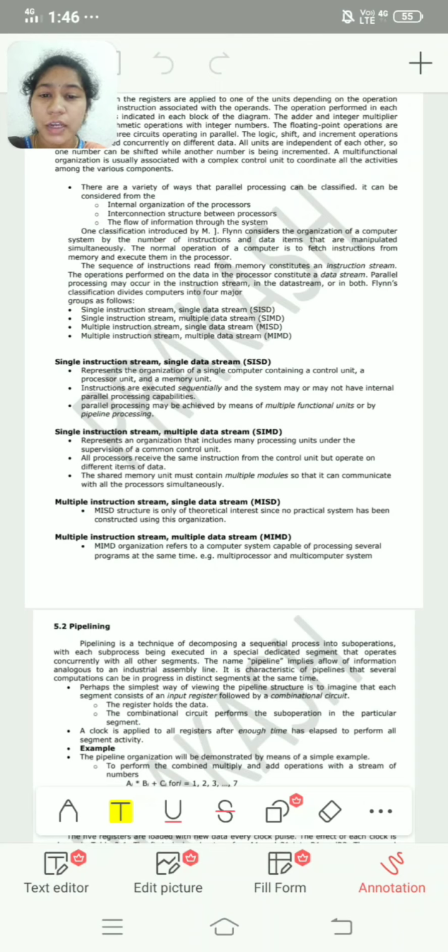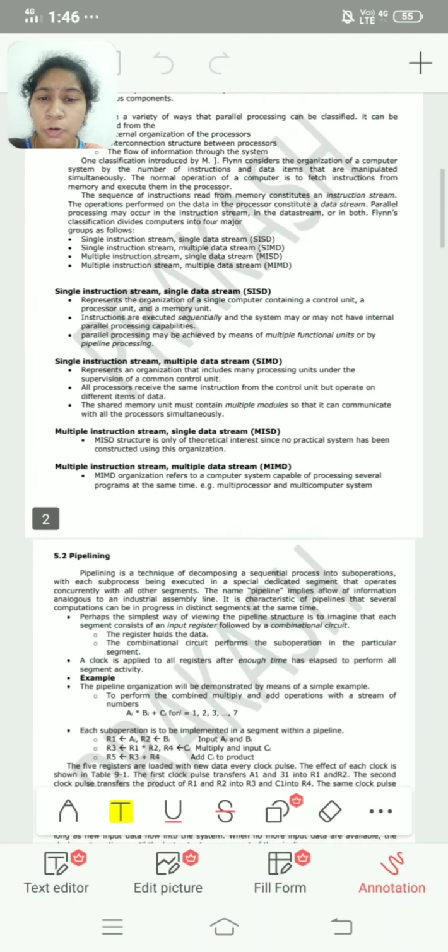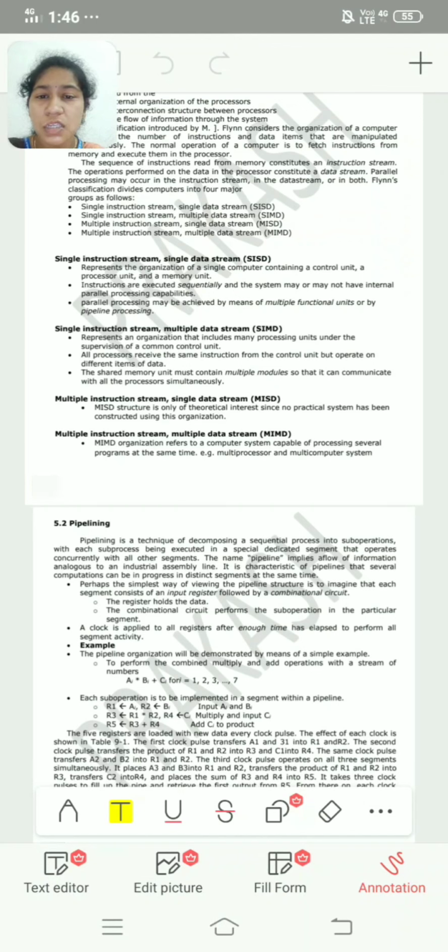Flynn's classification divides computers into four major groups as follows: single instruction stream, single data stream, SISD; single instruction stream, multiple data stream, SIMD; multiple instruction stream, single data stream, MISD; multiple instruction stream, multiple data stream, MIMD.